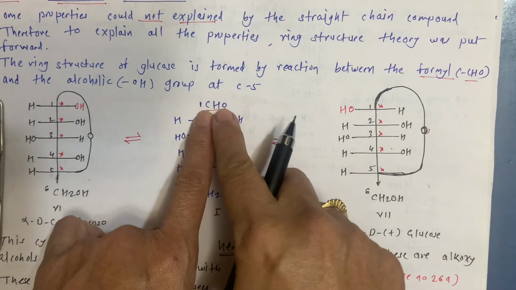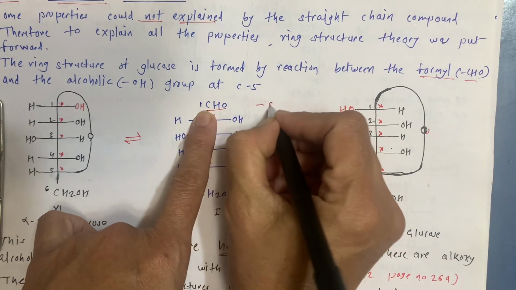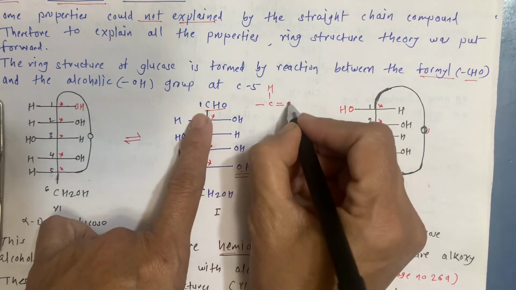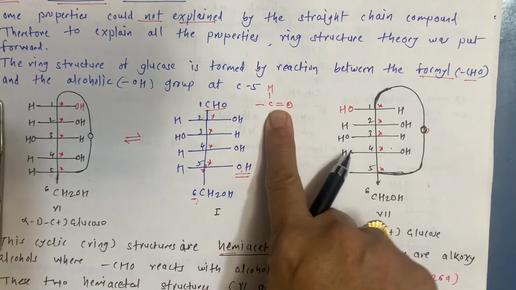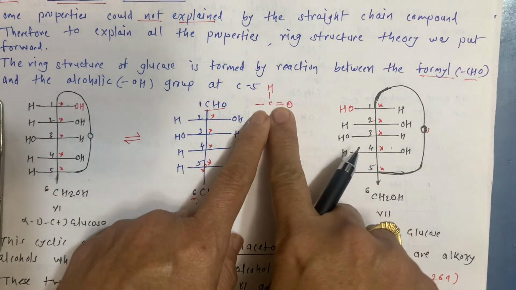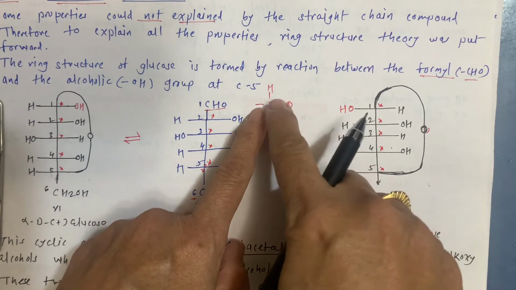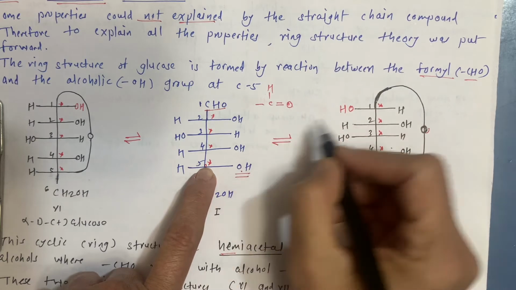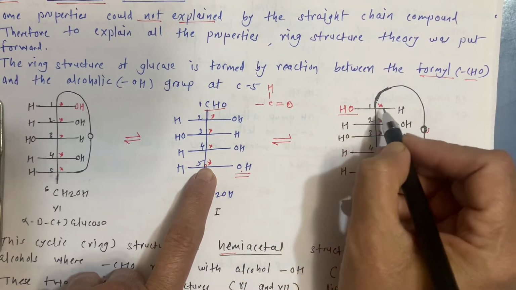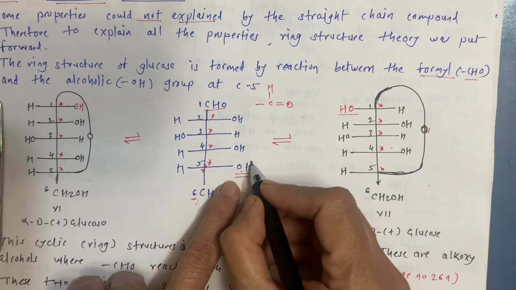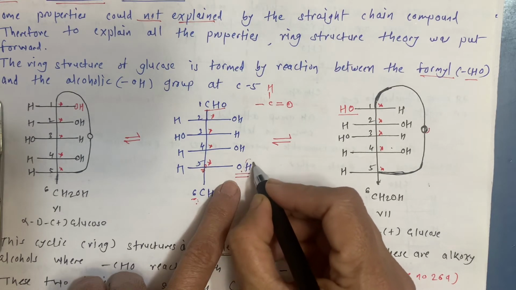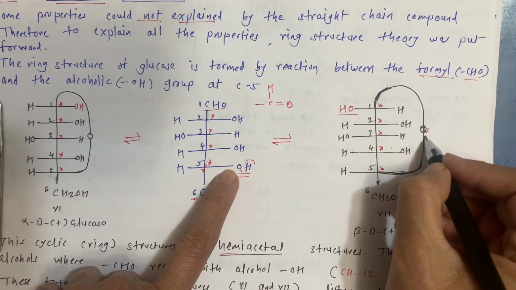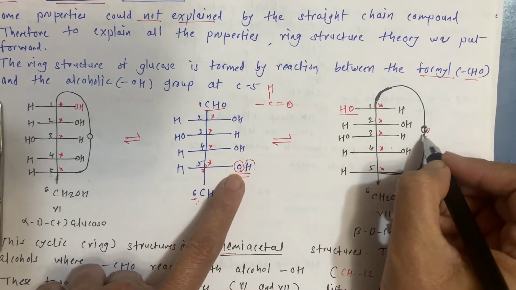This carbon is nothing but CH double bond O, the aldehyde group. Now by connecting this carbon to this O, it is converted into OH. H remains as it is, and protonation takes place with this H, and the connection is through this O. This is that O for this connection.